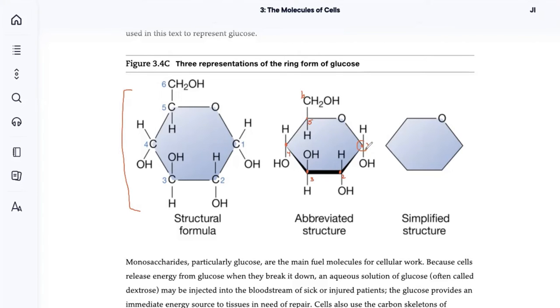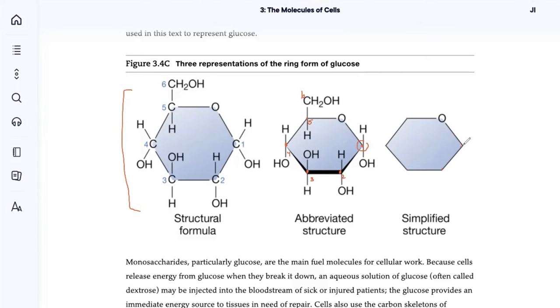And you know what? That might also be too much work to draw. So very frequently we would just draw a little hexagon in which we show the members of the glucose ring, the 5 carbons in the glucose ring, and the oxygen. This is what the book's identifying as a simplified structural picture.